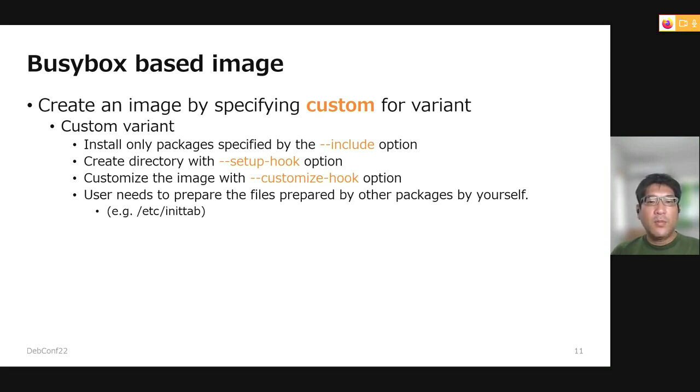Therefore, you need to prepare the directories and files created by the processing of other packages by yourself, or add the missing files directly by creating directories using the --setup-hook option, the --customize-hook option, and other options.